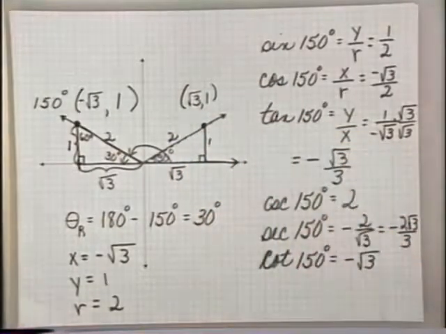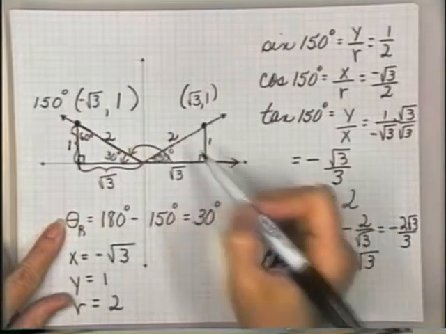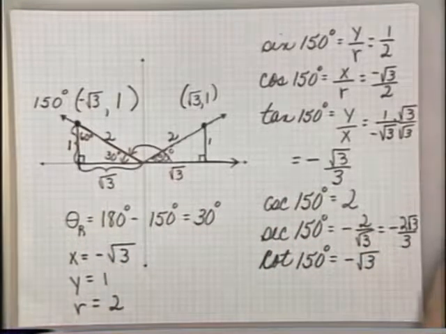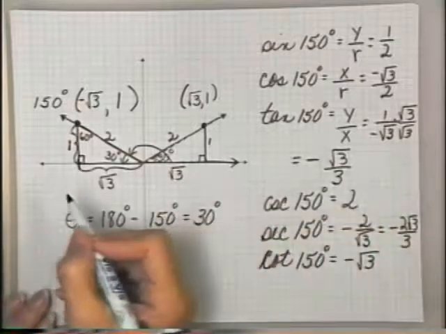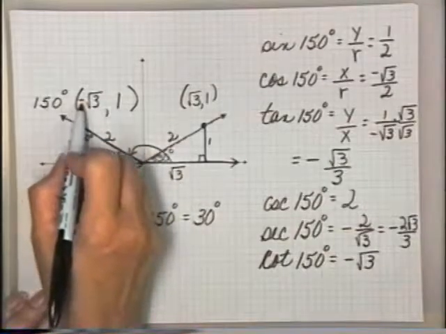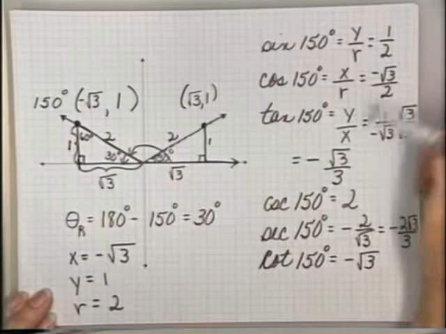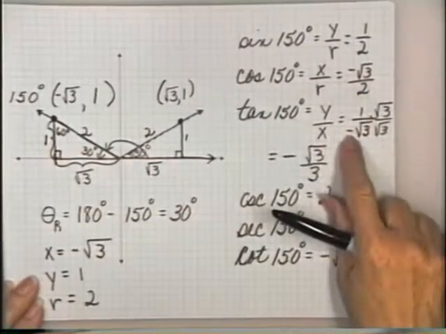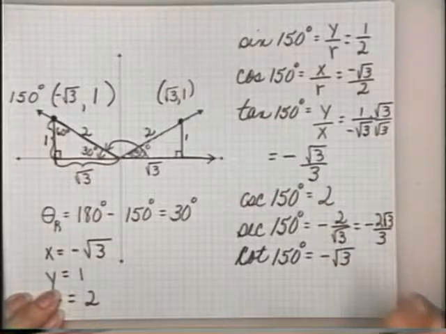Because this triangle is congruent to this triangle, they will have the same trig functions, except for the fact that because this has a negative x, the functions that had x's in them become negative, because the r's and the y's were positive.